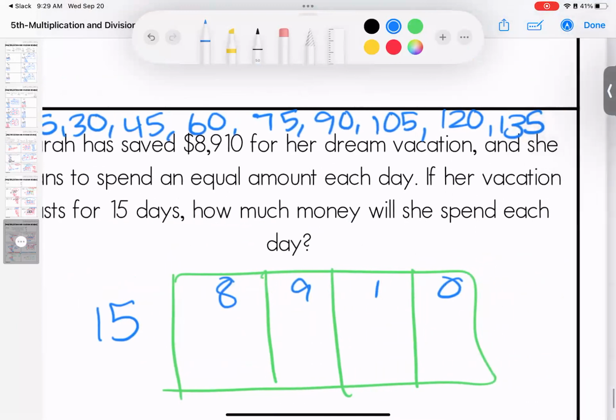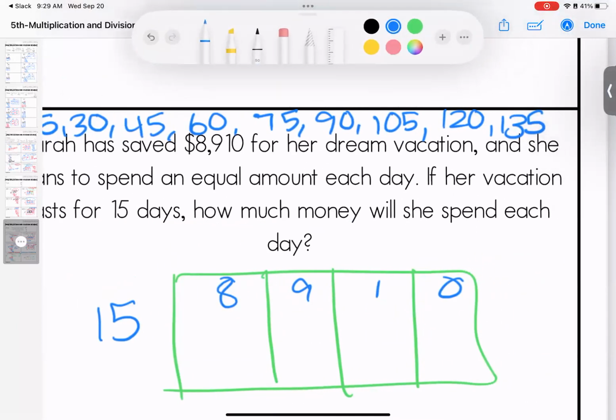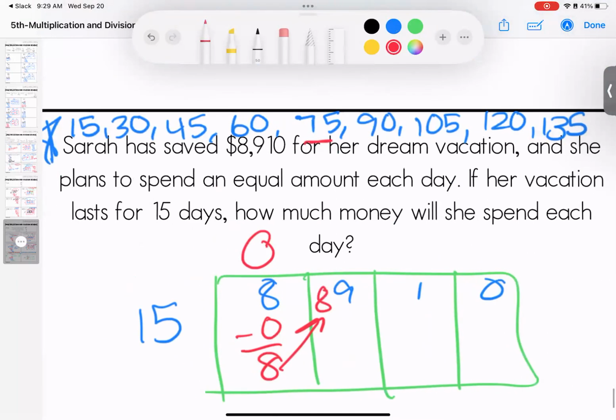All right, 15 does not go into 8. It's too small. But it does go into 89, the closest I can get, which is 75. So 1, 2, 3, 4, 5 groups is the closest I can get. When I subtract 75, I'm left with 14. This is where it gets icky and sticky and tricky.